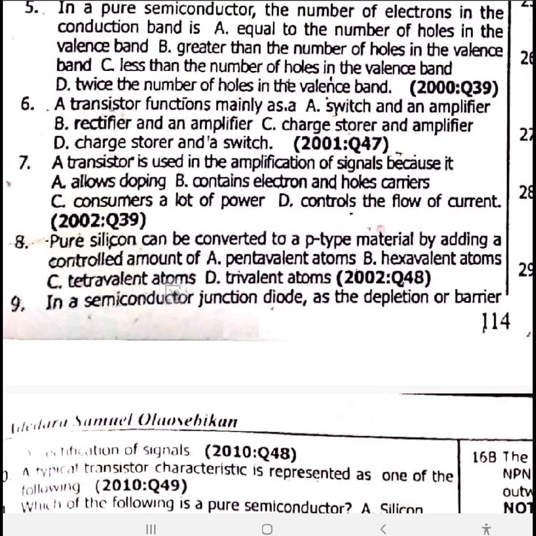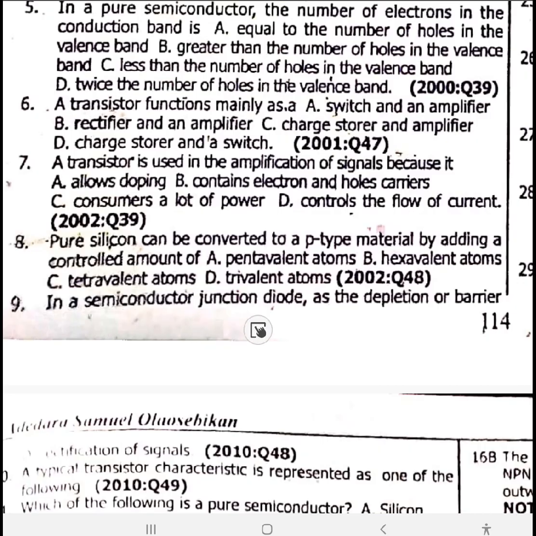Next, to produce an n-type material, pentavalent atoms, e.g. arsenic and antimony, are used. Arsenic and antimony are used to produce n-type. Boron and indium are used to produce p-type.